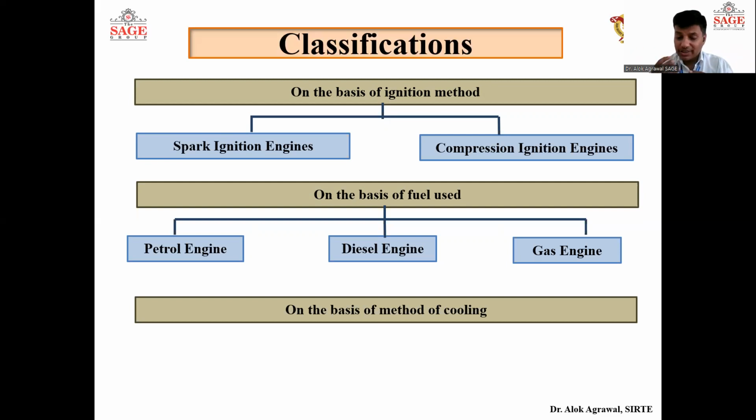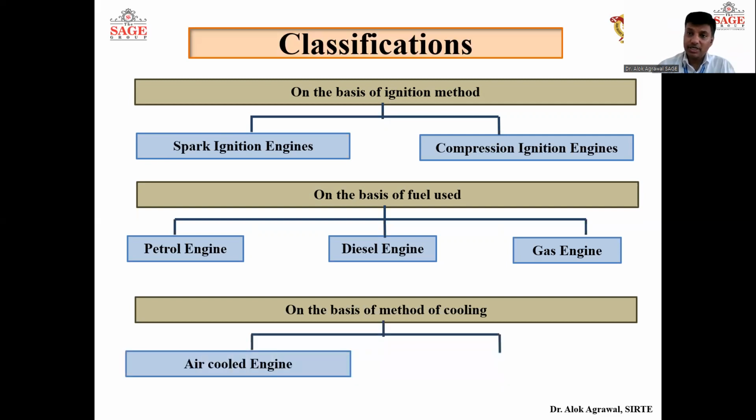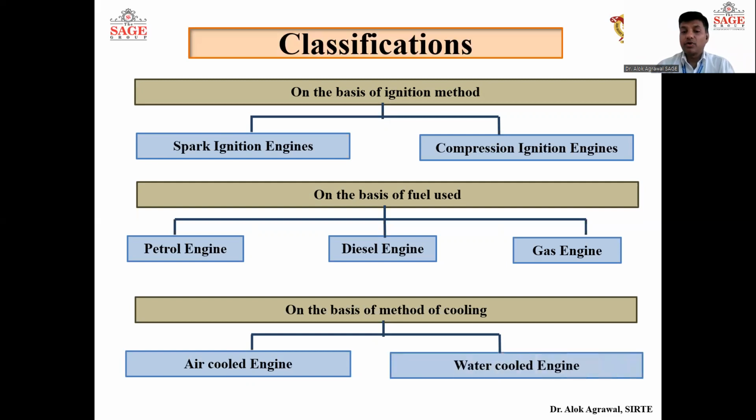So we have to take that unutilized energy away from our engine so that it will not harm the engine. So we require a cooling arrangement. On the basis of method of cooling, it can be an air cooled engine, which is generally used in two-wheelers, and a water cooled engine, which is generally used in four-wheelers like cars.